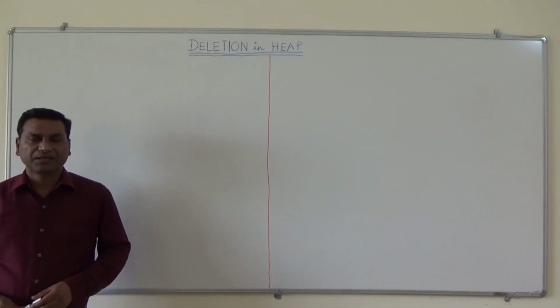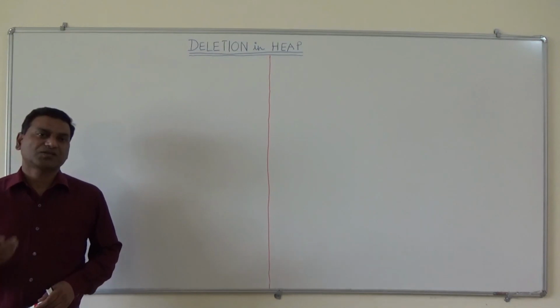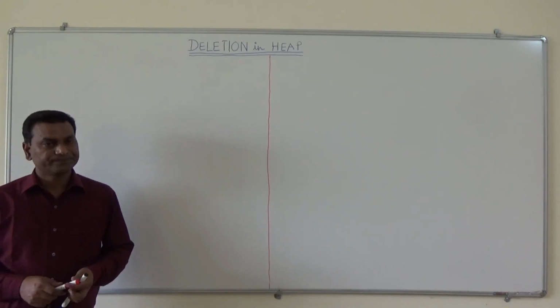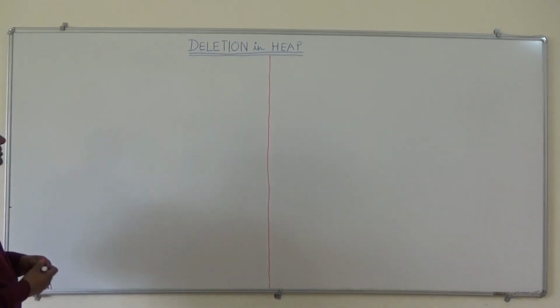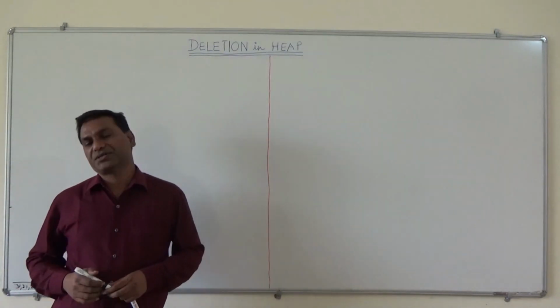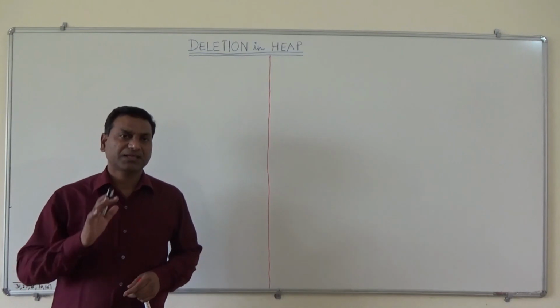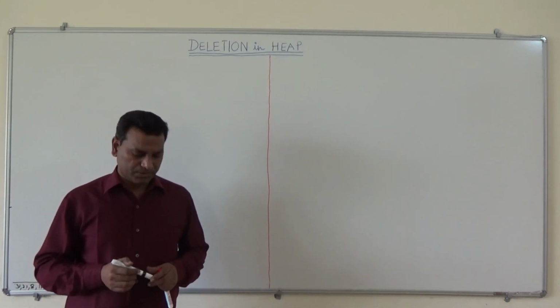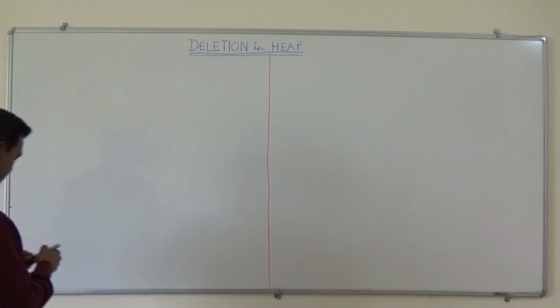So now we will understand the deletion operation in the heap. One important thing is there in this deletion operation in the heap. Deletion can be performed at the root of the heap.